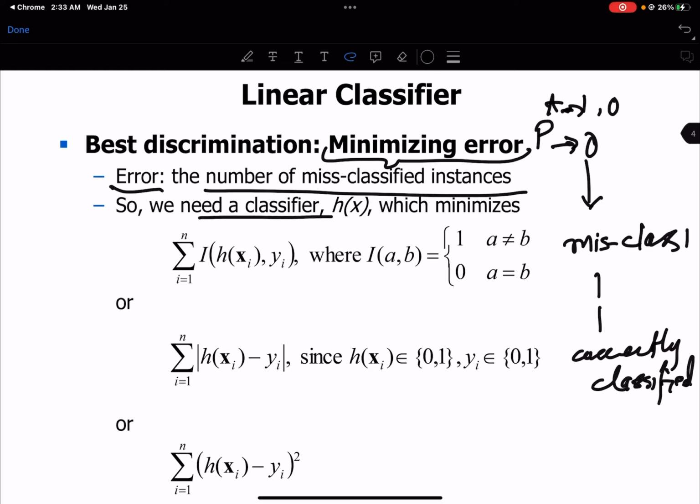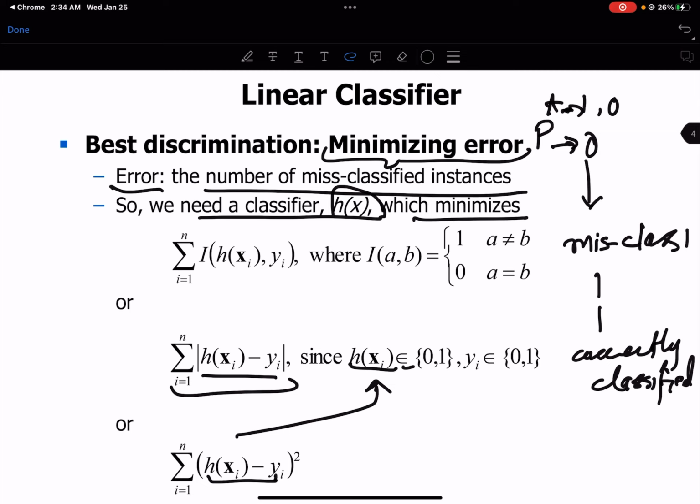So we need a classifier h of x which minimizes, as we all know, the absolute error and the squared error. The difference here from the previous lecture on linear regression or multiple linear regression is that here h of x can belong to either 0 or 1. Also, yi can be either 0 or 1.